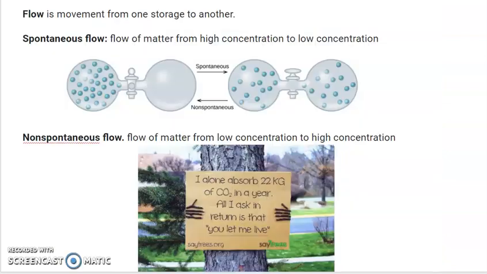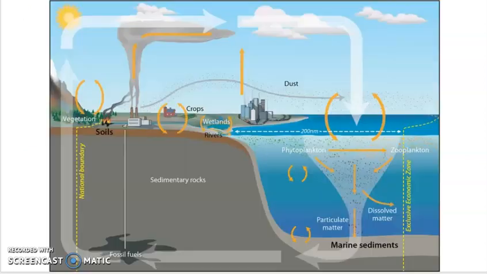So this is called flow. Flow can be spontaneous or non-spontaneous. Spontaneous flow is from high concentration to low concentration. Here we have a high concentration of carbon dioxide gas emission, and it is going naturally, spontaneously, from this storage to the air. That is a spontaneous flow.